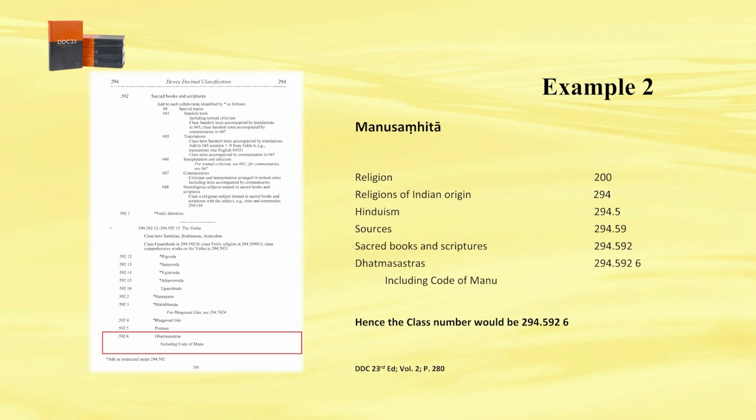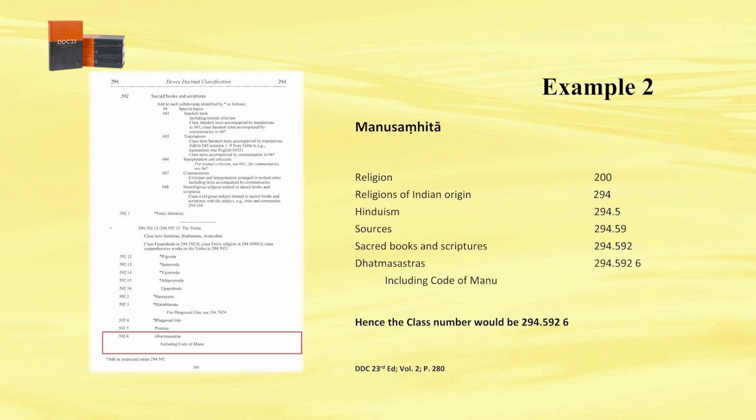Under it, there is 294.5926, that is Dharma Shastra. There is a class-here note which tells us including Code of Manu. So the instruction clearly tells us that the Manu Samhita, or the English translation, Code of Manu, will come under Dharma Shastra.